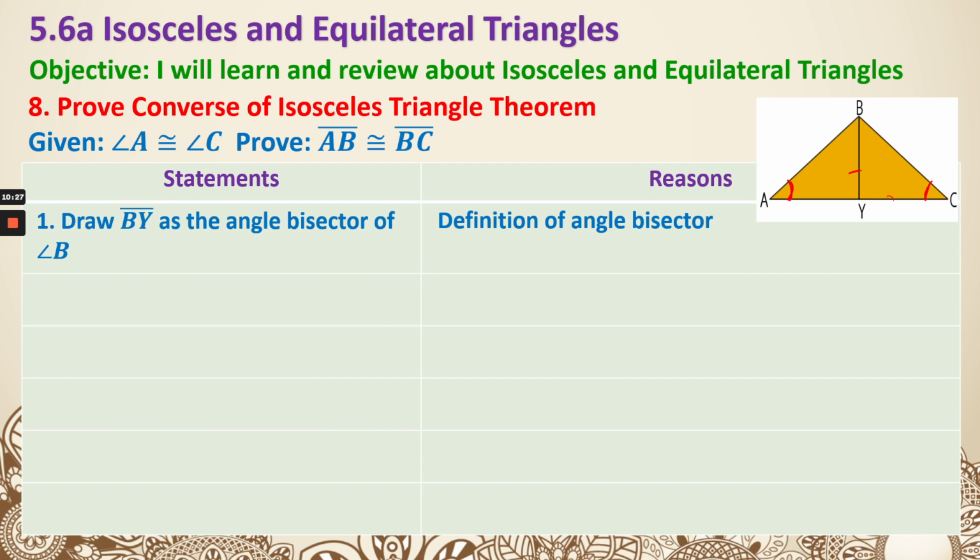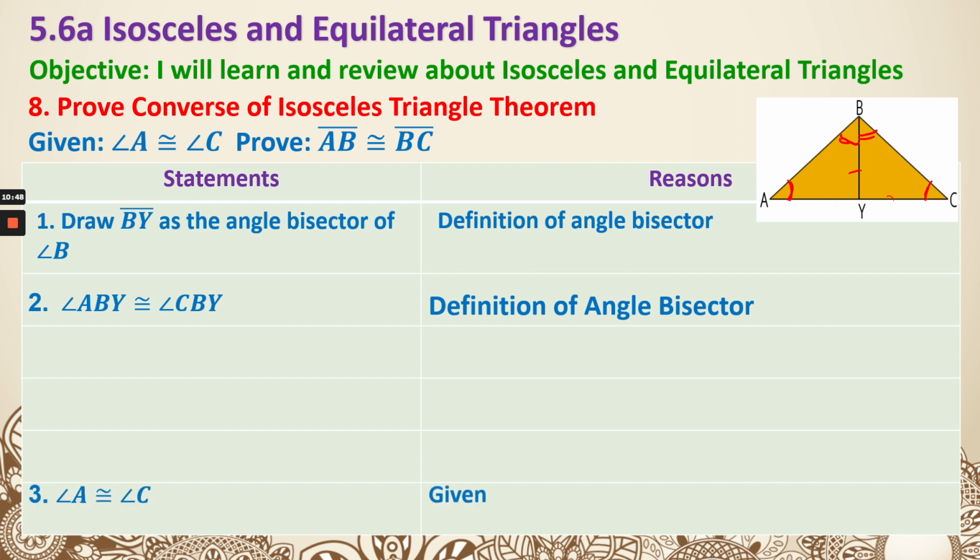And BY is being shared, so that's the reflexive property. And we have angle-angle-side congruence. So now we know the triangles are congruent. We can conclude AB and BC are congruent. That again is by CPCTC, which stands for corresponding parts of congruent triangles are congruent.